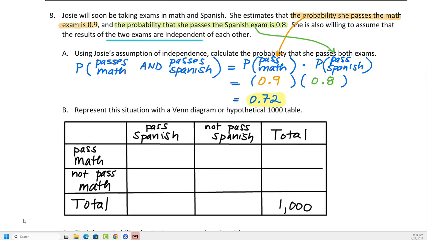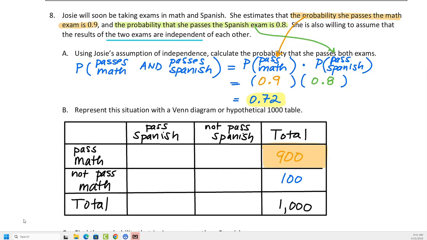Based off of the directions up above, the probability that she passes math is 0.9. So that's total, so it's going to be up here. I'm going to put the 0.9 times 1000. That's going to be 900, which right away makes this 100.